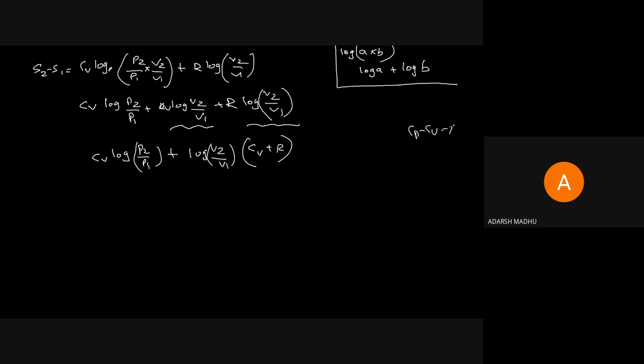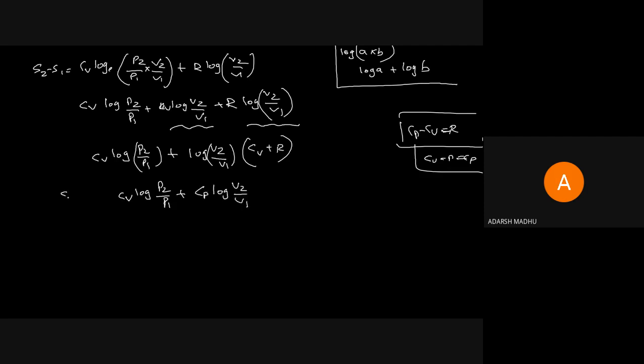CP minus CV equal to R, so CV plus R is CP. So we can write the equation as CV log P2 by P1 plus CP log V2 by V1.